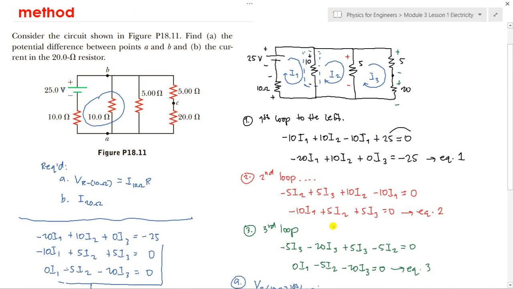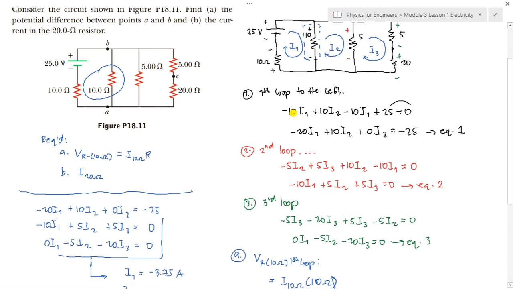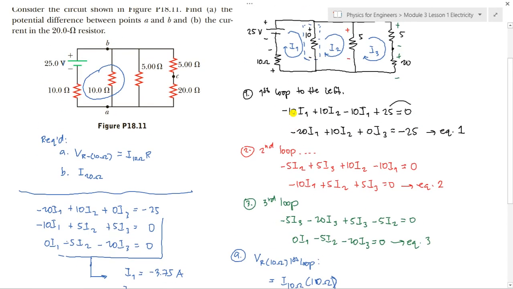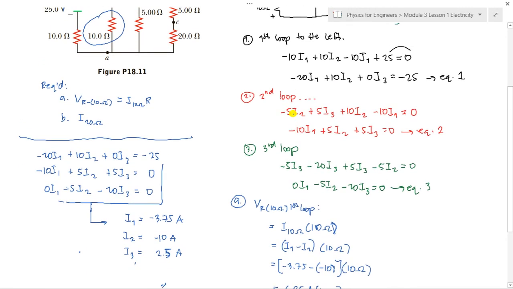So the voltage here is 62.5, a large voltage drop. So just check: negative 3.75, then I2 is negative 10. Okay.